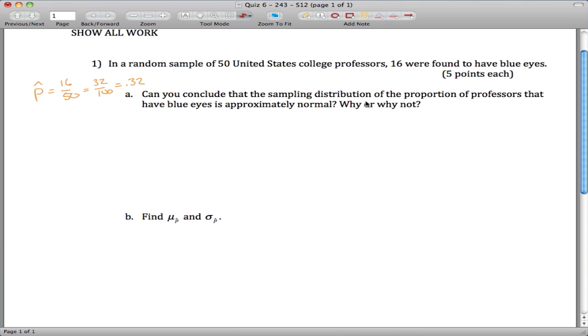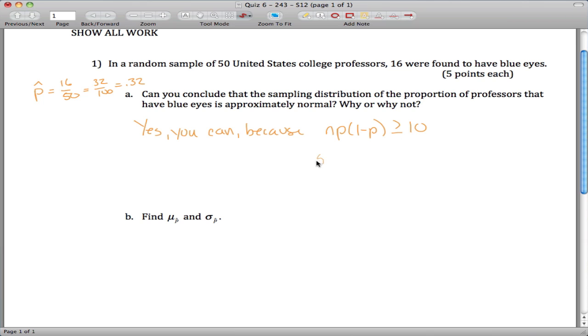Can you conclude that the sampling distribution of the proportion of professors that have blue eyes is approximately normal? Why or why not? Yes, you can. Because our criteria when we have proportions for normality is that we need n times p times 1 minus p to be greater than or equal to 10.